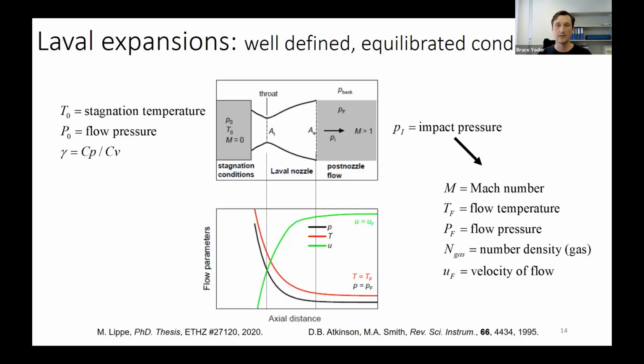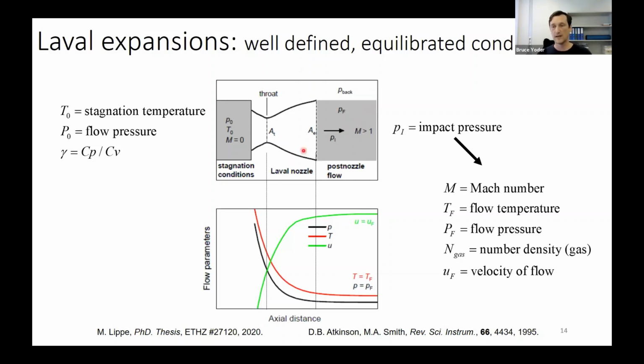Experimentally, the background pressure here is matched with the static pressure in the post-nozzle flow, PF. The background gas acts as an extension tube. As a result, the uniform conditions generated in the nozzle are extended into the post-nozzle flow.